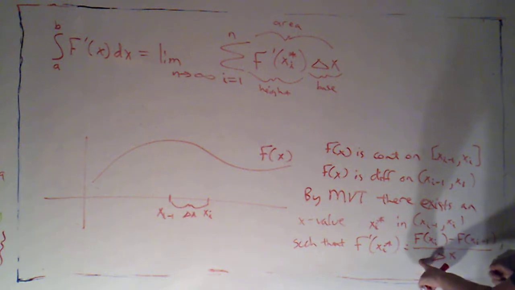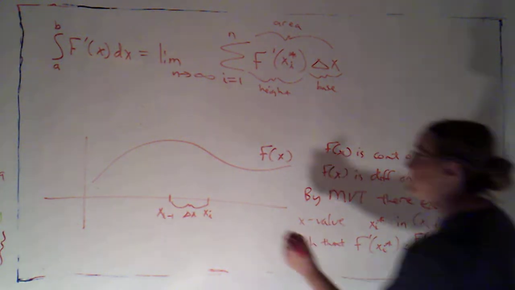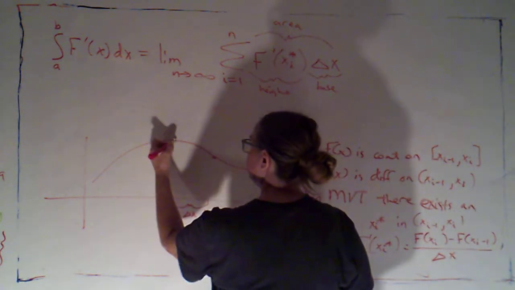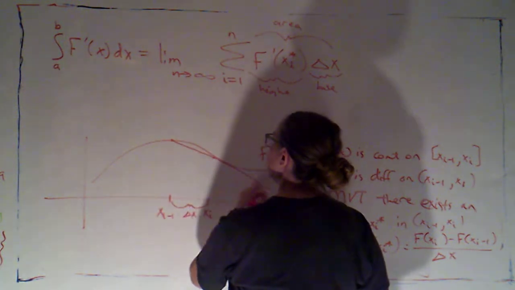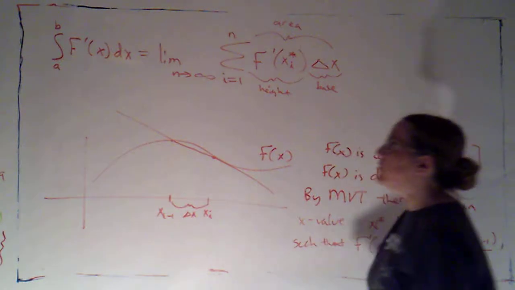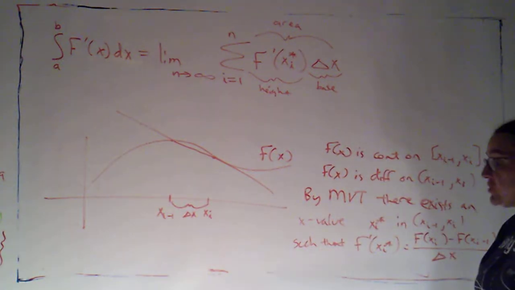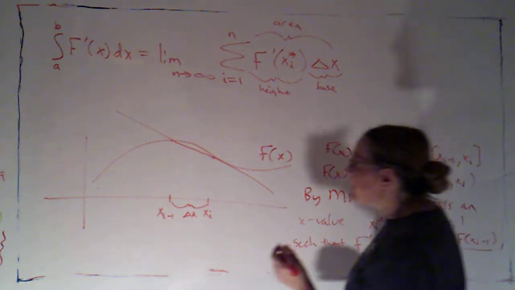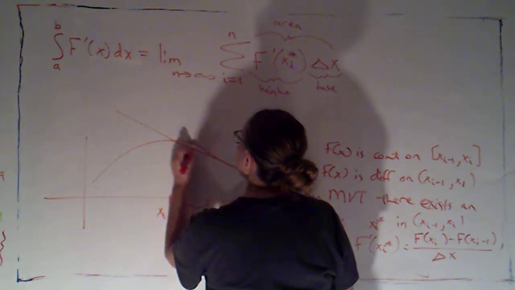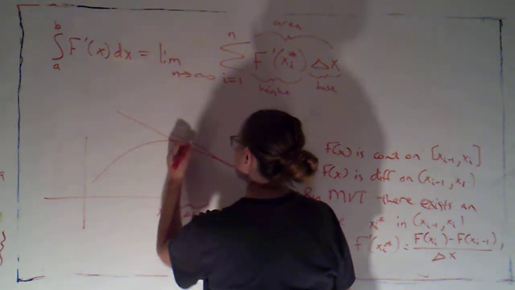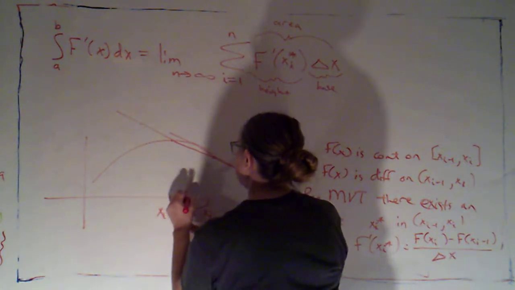That's just the slope of the secant line. So if I take a look here, there's the secant line connecting those 2 points. Now, according to the mean value theorem, there's got to be some point, and it looks to me like it's right around there, where the tangent line is parallel to that secant line.